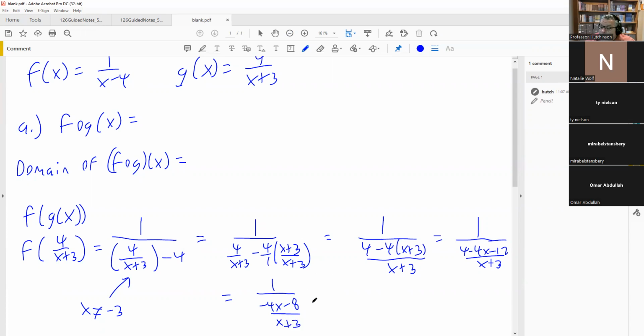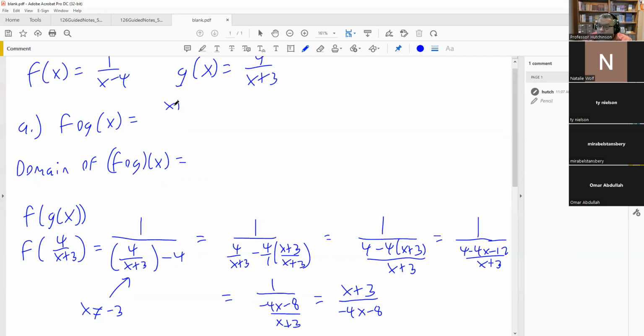And then I'm going to flip and multiply. So 1 divided by that, I'm just going to flip this over, and that becomes no more double fractions. So I get x plus 3 over negative 4x minus 8. So that's actually what my f of g of x is.